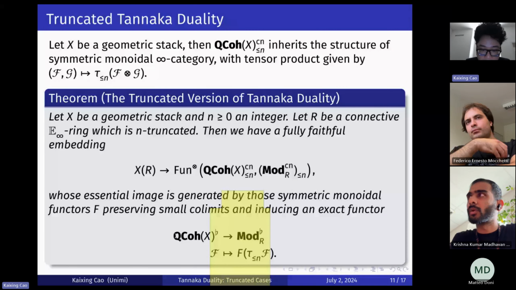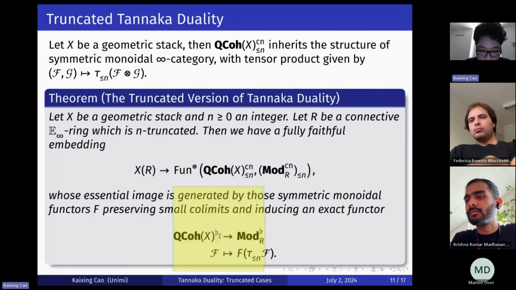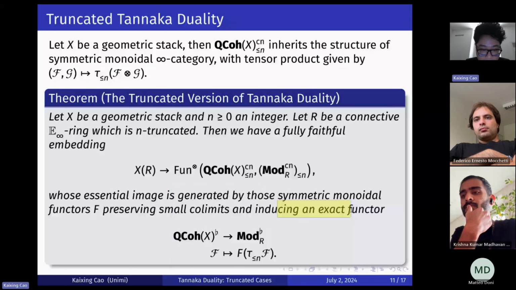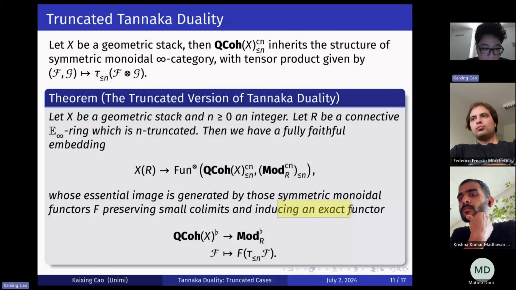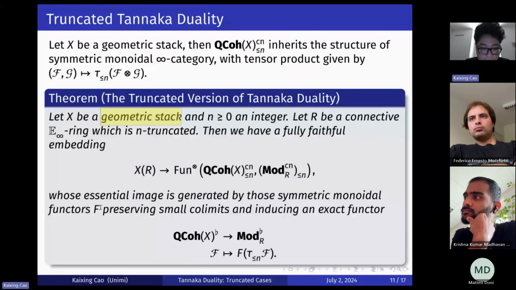Because these two categories have some good categorical properties, if we start from an arbitrary symmetric monoidal functor between the flat objects, I don't think it's reasonable to recover some information of X, because in the original version of the geometric stack we only require F to give a well-defined functor between the flat objects.